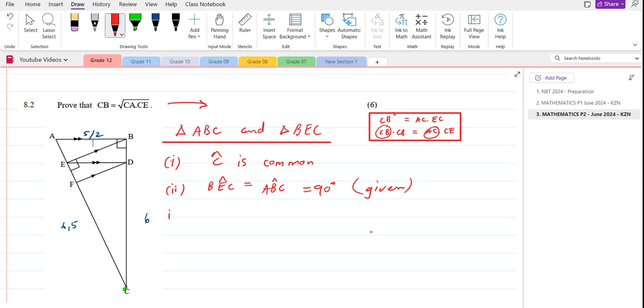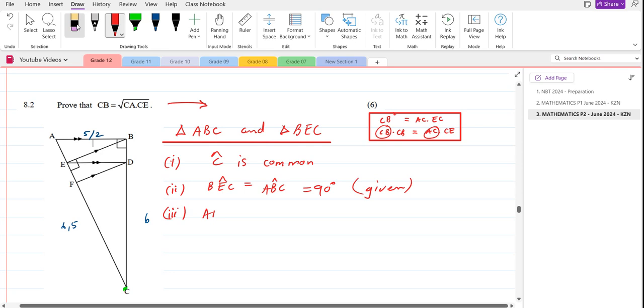And the third one is what we can say is angle EBC is now equal to angle CAB or BAC.